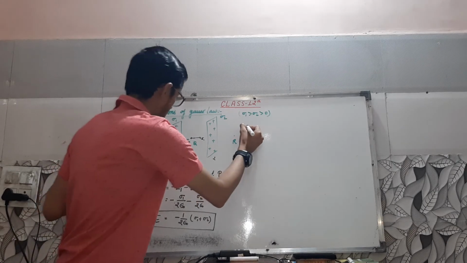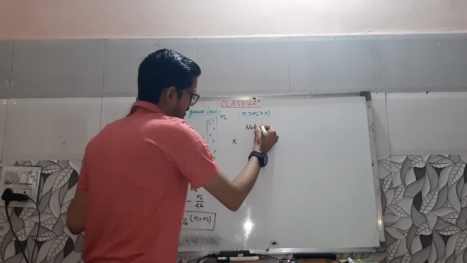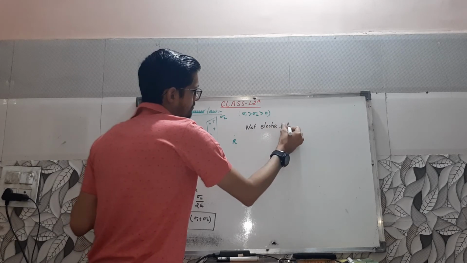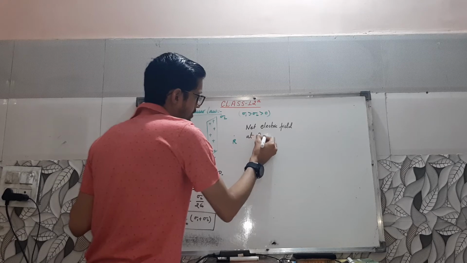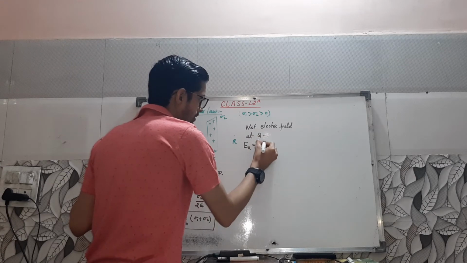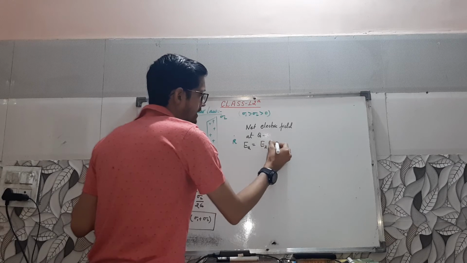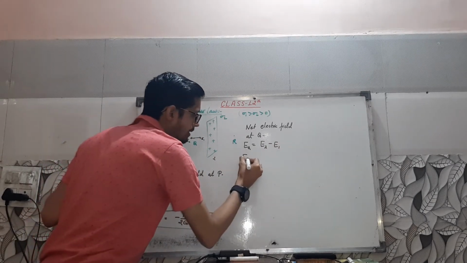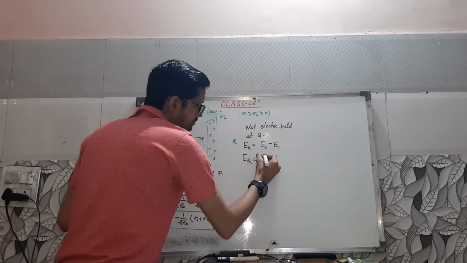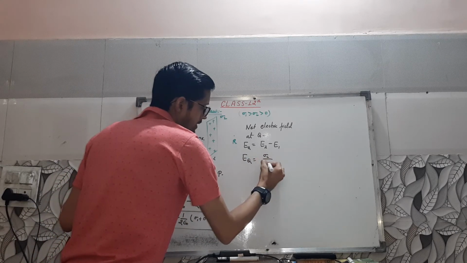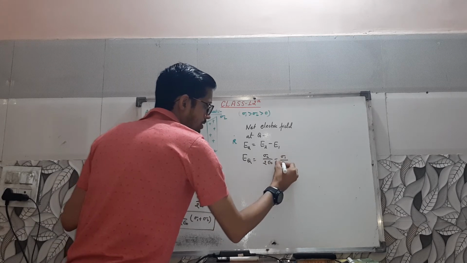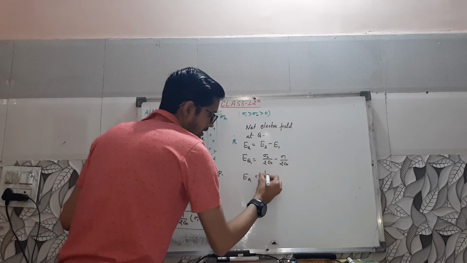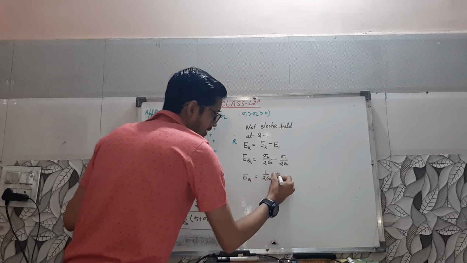So net electric field at Q is E2 minus E1. So E at Q will be equal to sigma 2 upon 2 epsilon naught minus sigma 1 upon 2 epsilon naught. E at Q will be equal to 1 upon 2 epsilon naught within bracket sigma 2 minus sigma 1.